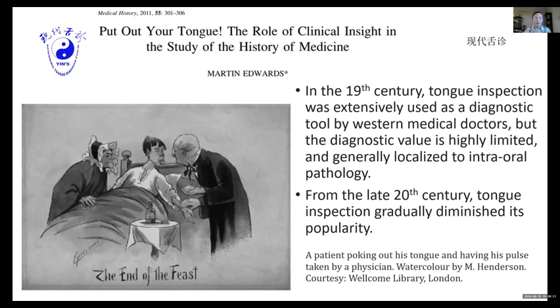However, even though they looked at the tongue, they actually just looked at the tongue itself instead of linking any clinical information to the tongue. In the late 20th century, tongue inspection gradually diminished its popularity, mostly because there's not much information in the medical textbook to describe where to look, what to look, how you link the clinical information to the tongue.